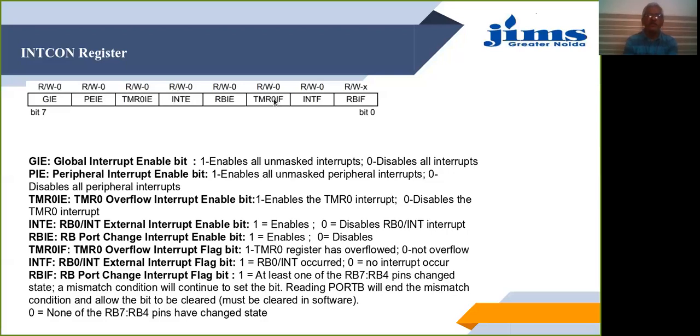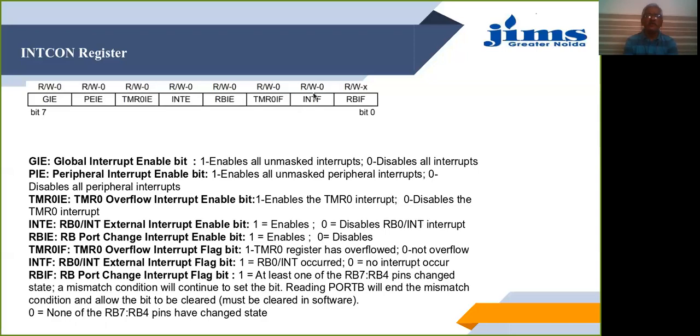Then you have the timer 0 overflow interrupt flag bit. Here the timer 0 interrupt enable bit was here, and the corresponding flag bit is bit number 2 of this INTCON. Similarly, the port B0 interrupt enable was bit number 4, and the corresponding flag bit is bit number 1, INTF.